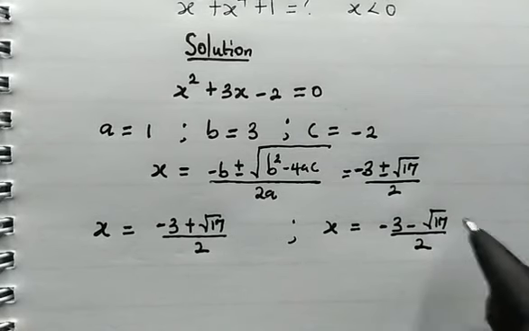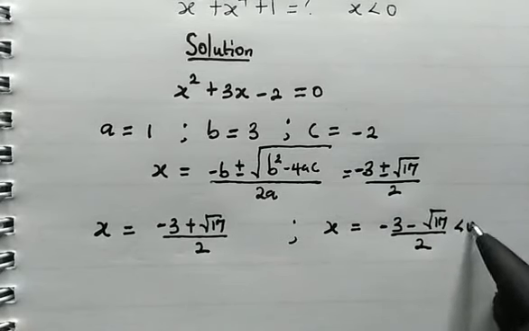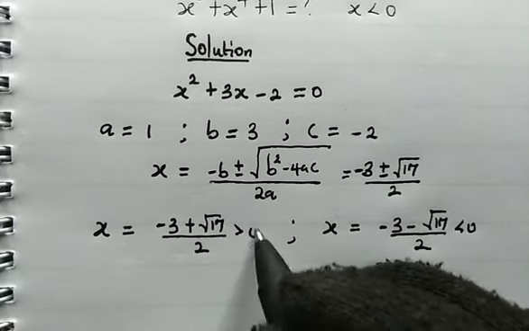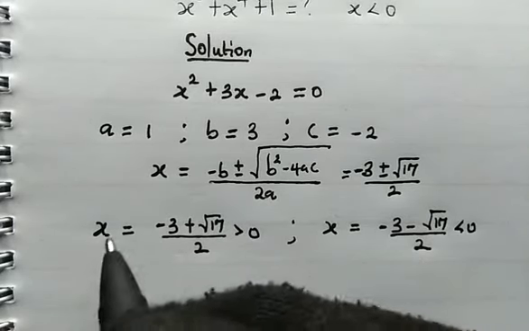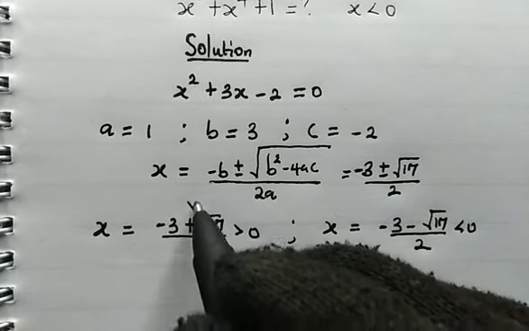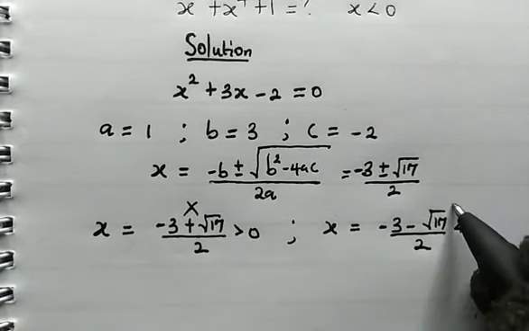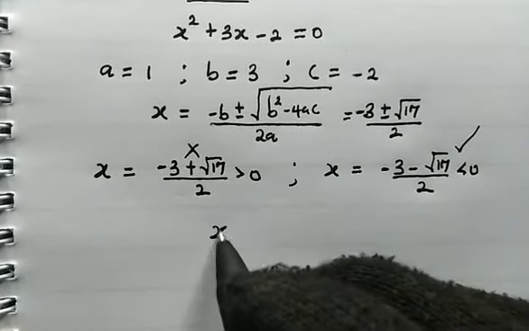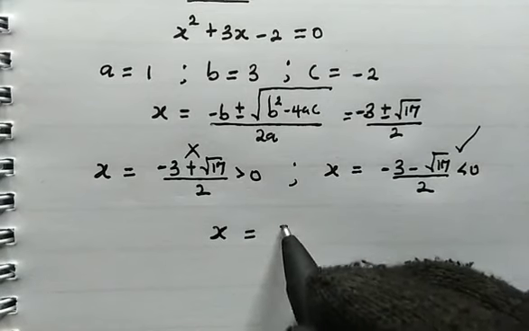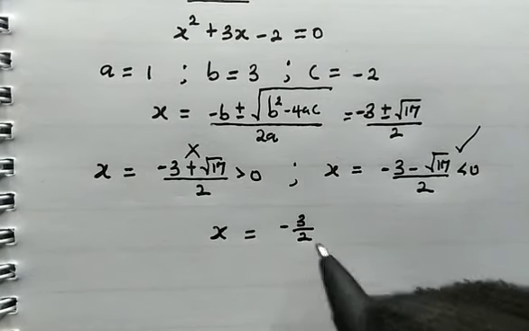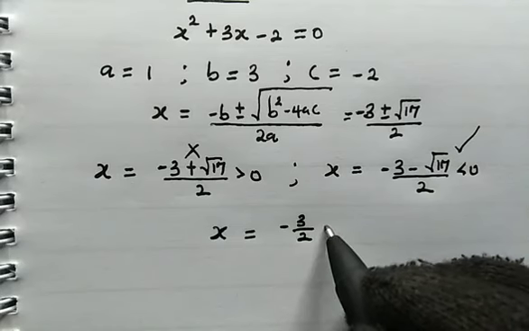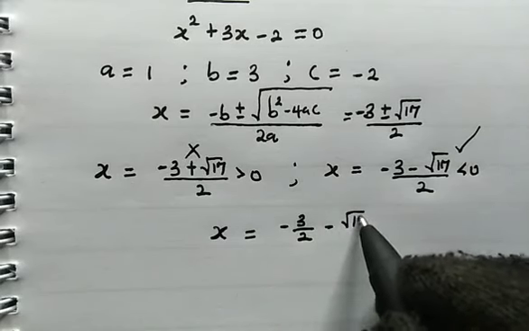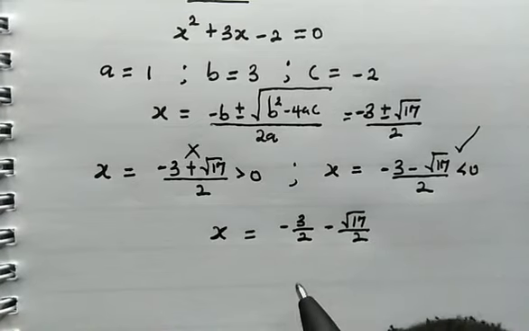But obviously this root here is less than 0, while this is greater than 0. Therefore, we don't necessarily need this one in this case. So we are going to solve with this. Here x is equal to negative 3 over 2 minus square root of 17 over 2, splitting the denominator.